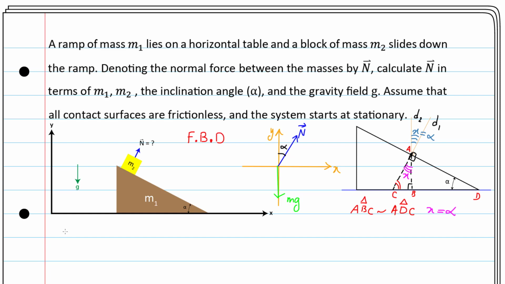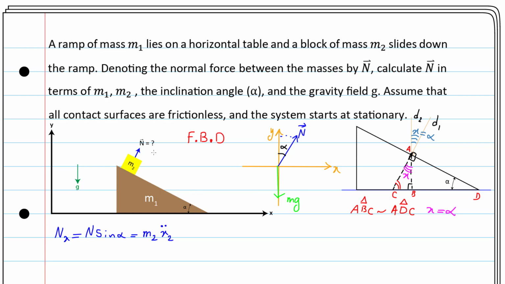From the FBD, the horizontal force supplies the motion in the x direction. The horizontal force is Nx equals N sine alpha, which is m2 x double dot 2.